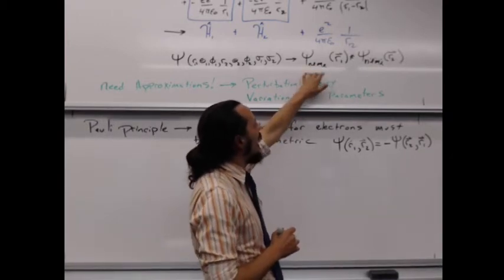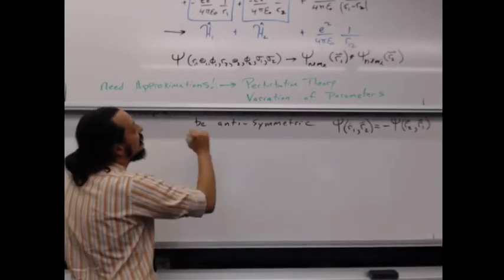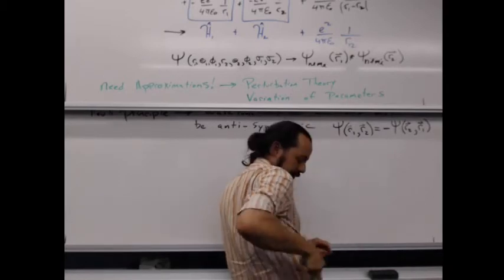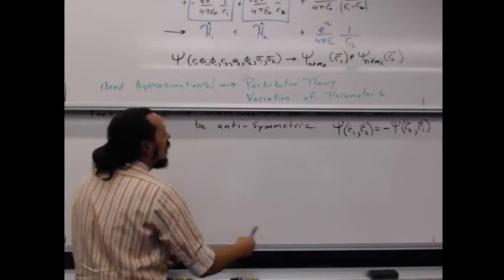If I'm looking at my n, l, m sub l, and I want to come up with shorthand to represent that, let's see, what's the best way to do this? Let's do it this way.